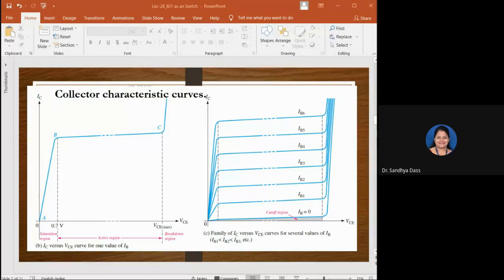I will summarize. This graph will clearly give us a picture of how the BJT operates in 3 different regions.